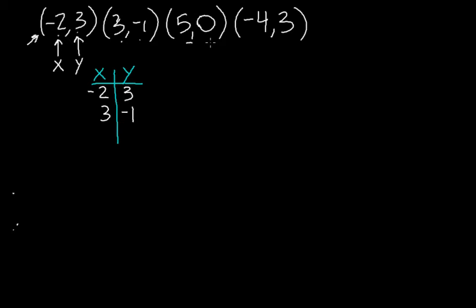The next point is 5 and 0. And then the last point is negative 4 and 3. All right. So this is a table. All these are points. They all go together. Right? If we put parentheses, you get the first point. Put parentheses, that's the next point.